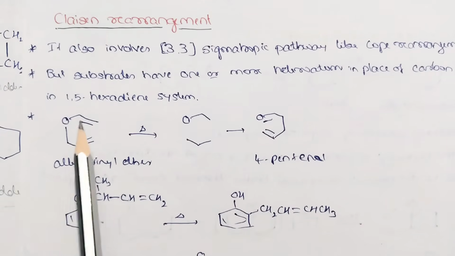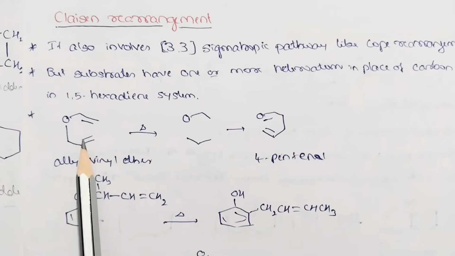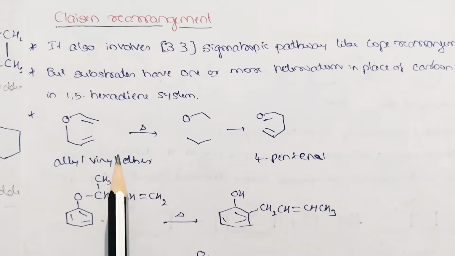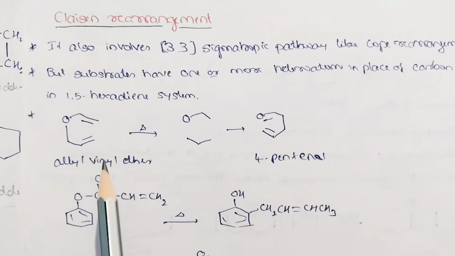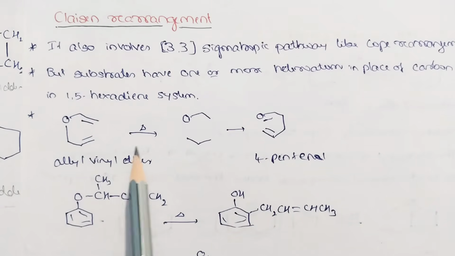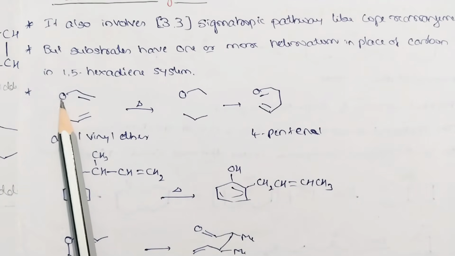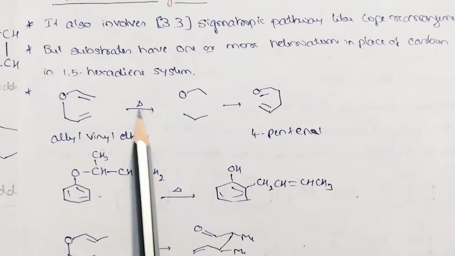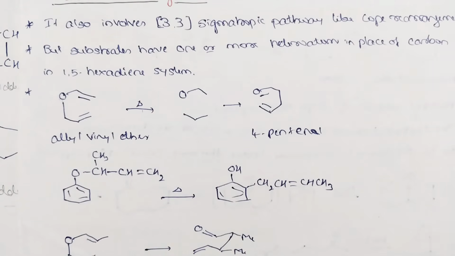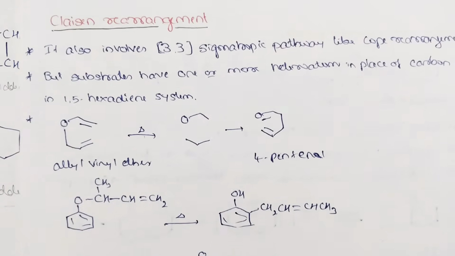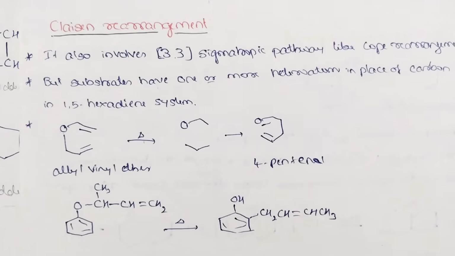If it is a 3,3 sigmatropic rearrangement and it is also thermally allowed, then this is called the Claisen rearrangement. See, this is the example. Here oxygen is there in the place of carbon, and this is a thermally allowed 3,3 sigmatropic rearrangement. This type of reaction is called the Claisen rearrangement.